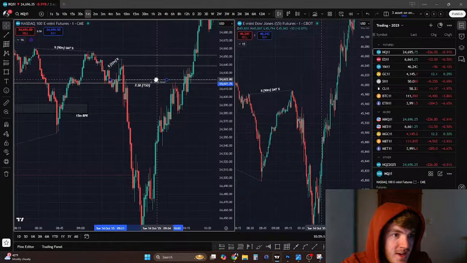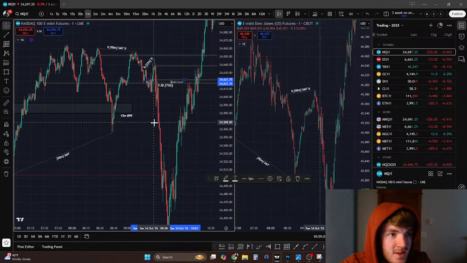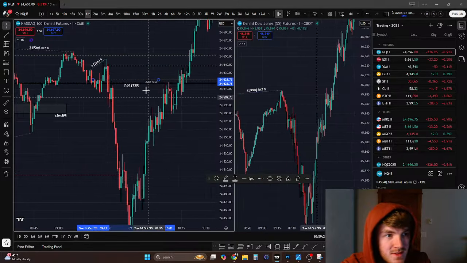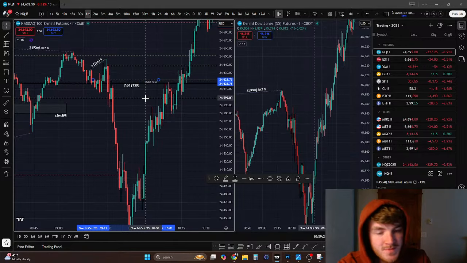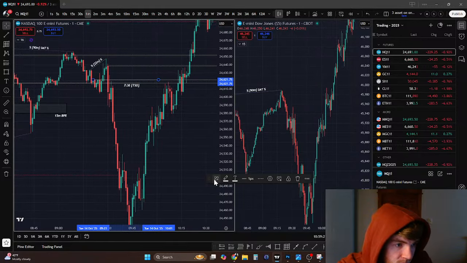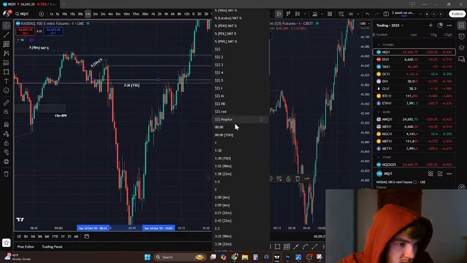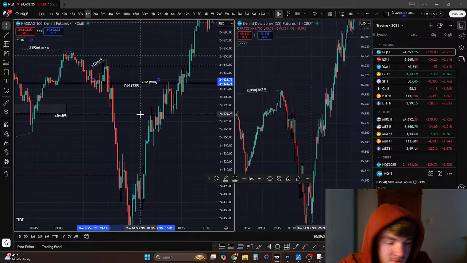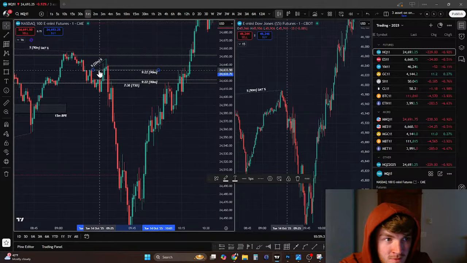And honestly, guys, if you could just have an indicator that could mark the SMTs out, it'd make things so much simpler. But that's probably why there's not one, because it would be too powerful.